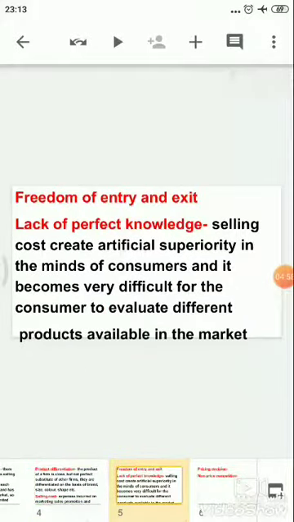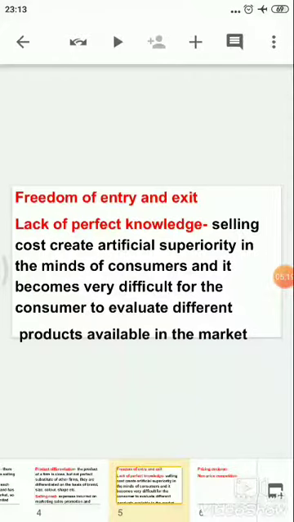Then the next feature is that there is freedom of entry and exit of the firms. Under this type of competition, firms are free to enter the industry at any time, and they are also free to leave the industry at any time. There is no restriction on the entry and exit of the firm, because if there are more firms, the profit of the firms is reduced because the prices will fall.